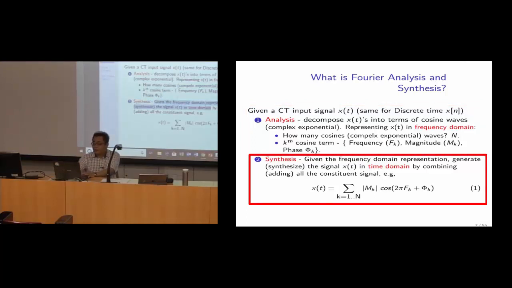Given the frequency representation generated by the analysis, we generate the original signal back in the time domain by adding up all the cosine waves that we have found. Of course, how many cosine waves there are, what is the magnitude of each cosine wave, what is the phase, and what is the frequency is all our problem in the analysis.